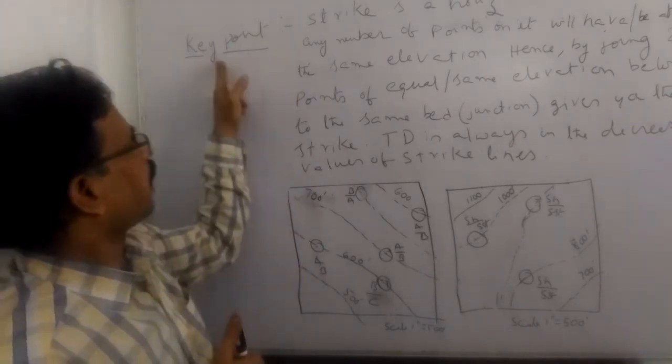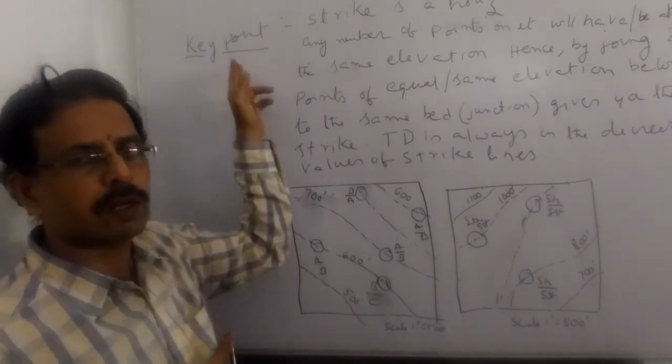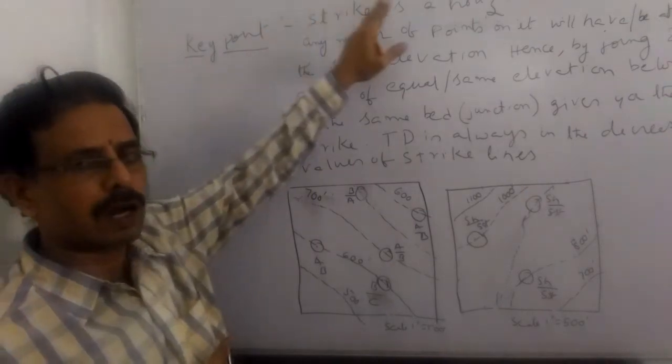This is the key point I have given here. What is the key point to solve any kind of map or problem in geology? Strike is a horizontal line.